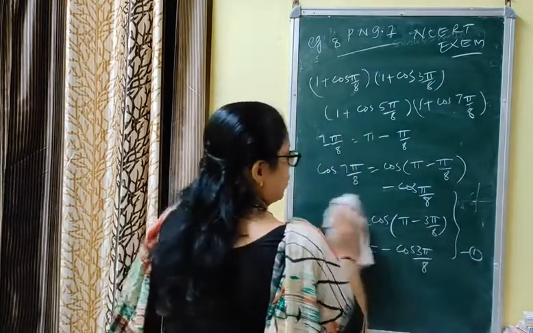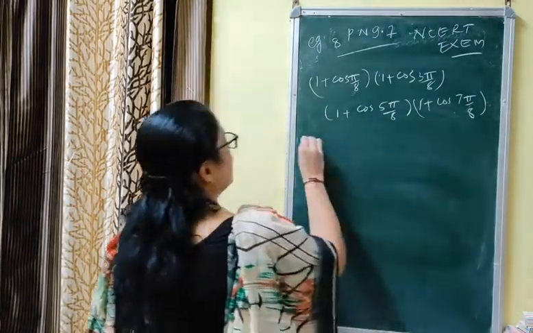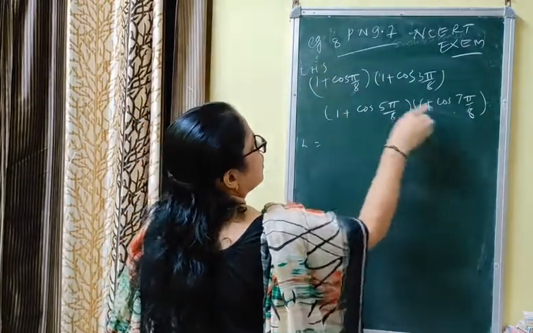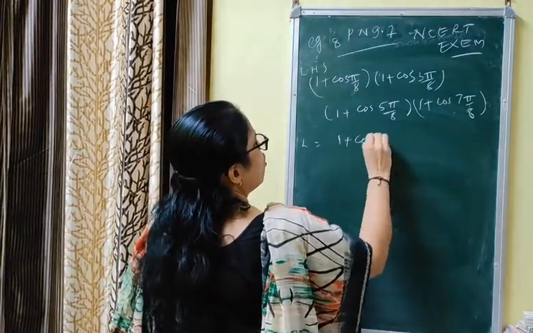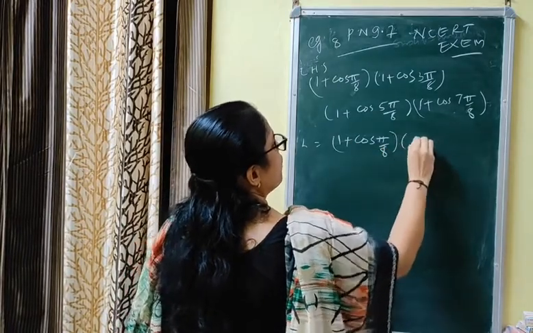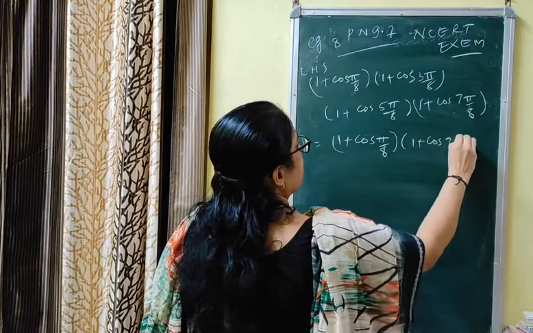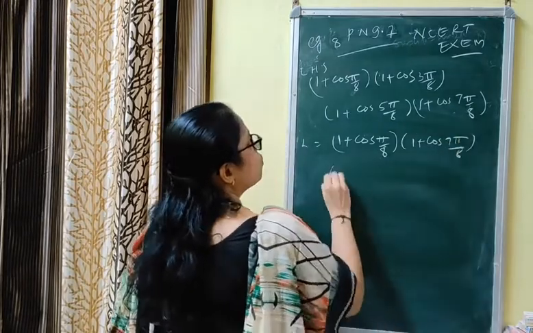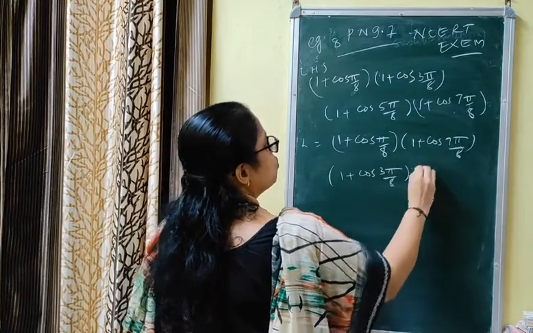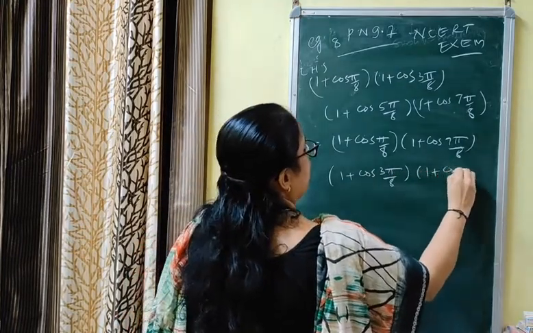Now let us start from LHS. I am taking these two terms together: 1 plus cos pi by 8 into 1 plus cos 7 pi by 8 into 1 plus cos 3 pi by 8 into 1 plus cos 5 pi by 8.